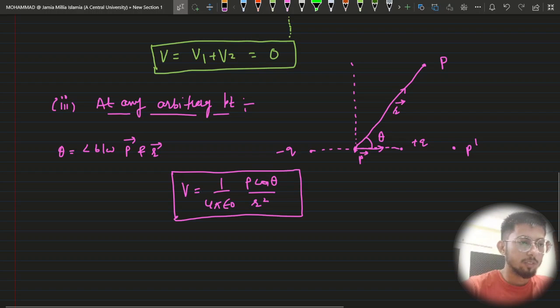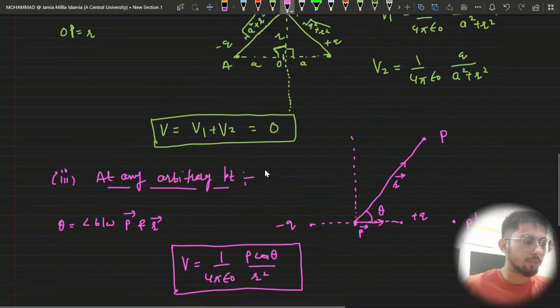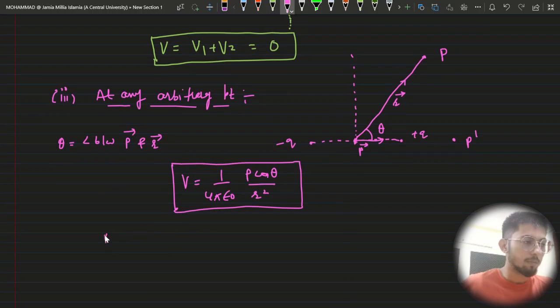Now we can write a point. So the potential due to a dipole is spherically symmetric. Note it. Oh, I'm sorry, it's not spherical.